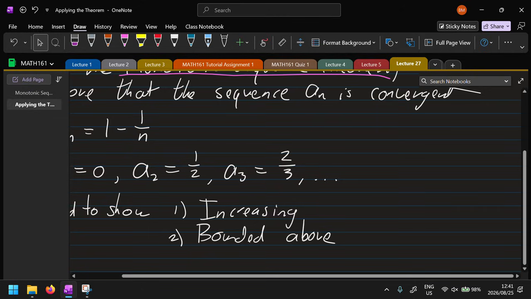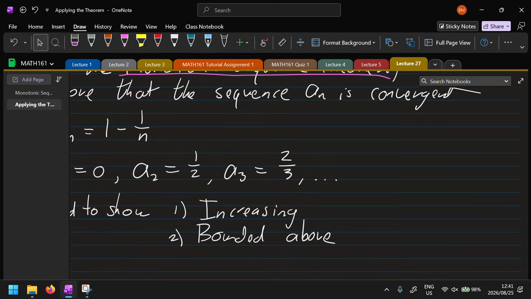Increasing: we need to show that the next term is larger than the previous term. For bounded above, we need to calculate some capital M that's larger than anything in that sequence.